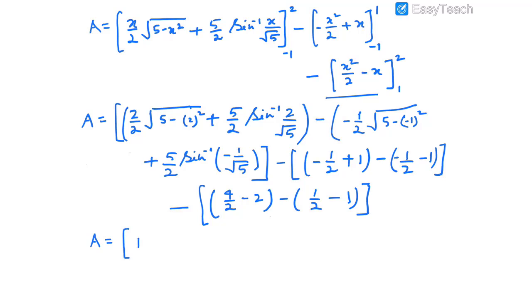Therefore A is equal to, this 2 by 2 is 1, and root 5 minus 4 is 1, so 1 plus 5 by 2 sin inverse 2 upon root 5. This is the value of the upper limit, and the minus, minus 1 by 2 root 4 means 2, square root of 4 is 2, and the plus 5 by 2 sin inverse minus 1 upon root 5.